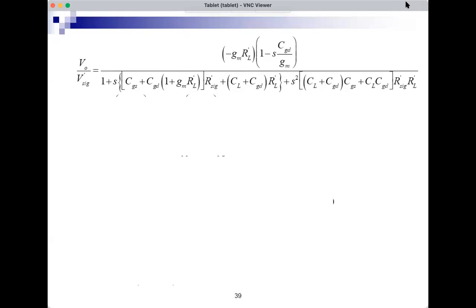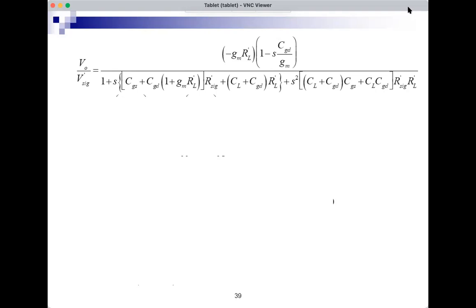We previously derived this transfer function for the common source amplifier at high frequency. After analyzing the circuit using the small signal models at high frequency that include the MOSFET capacitors, we solved the circuit equations, and we got this kind of scary formula for the transfer function.